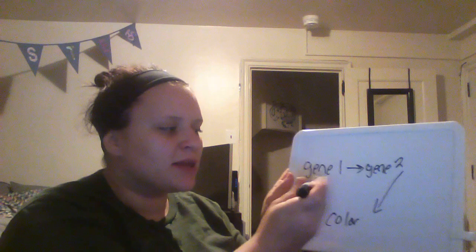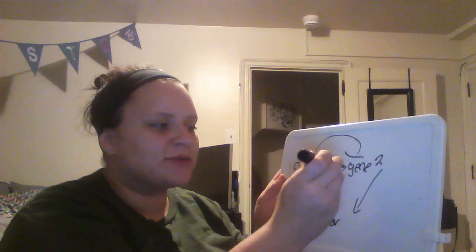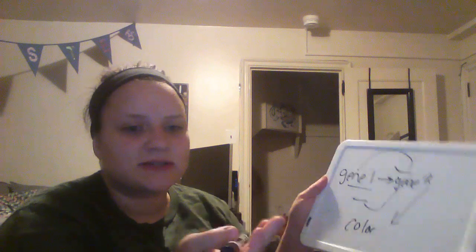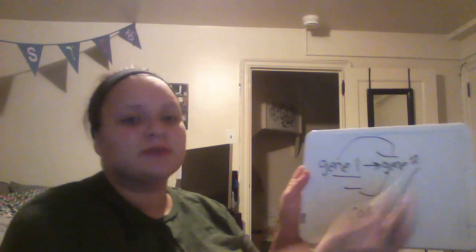If these guys weren't in the same pathway, whoever was the epistatic gene and whoever was the hypostatic gene, they wouldn't be able to affect each other. That's why it's crucial that these guys are in the same pathway to be able to show recessive or any type of epistasis, because that's controlling the other gene in the pathway.